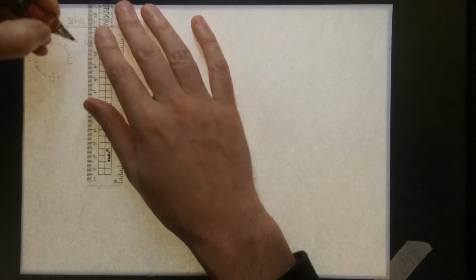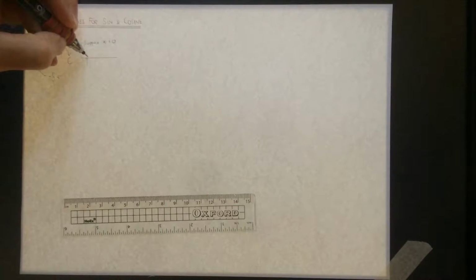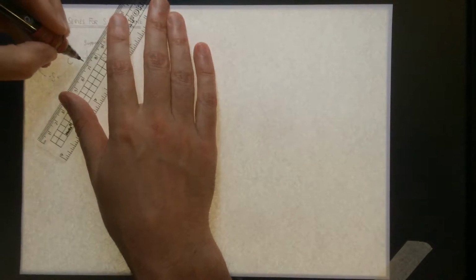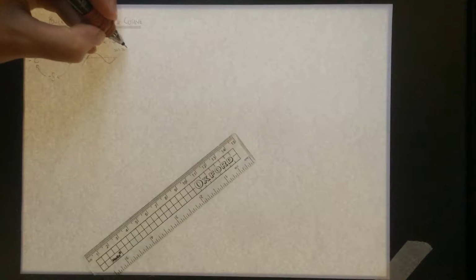Now you can see, just looking at the graph, sine x is less than x.